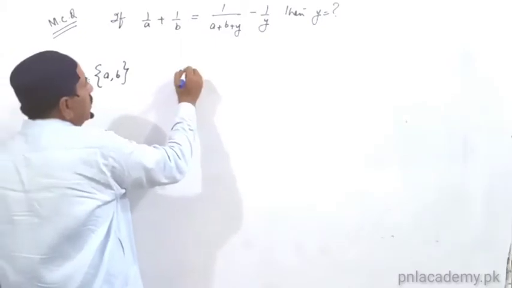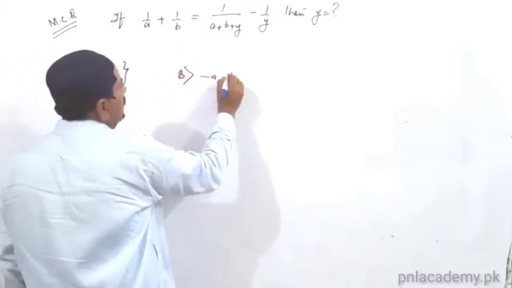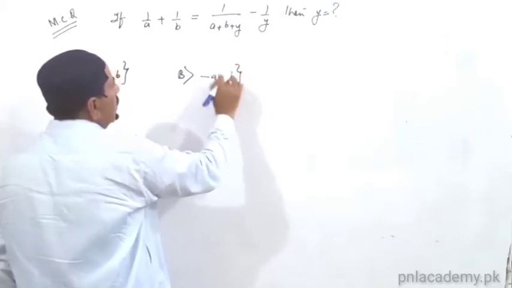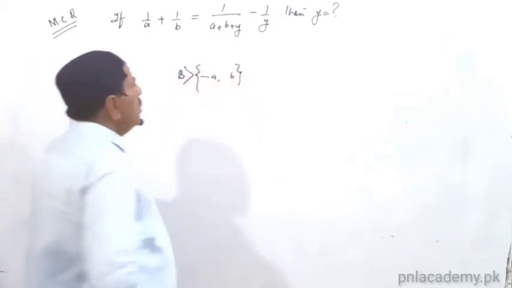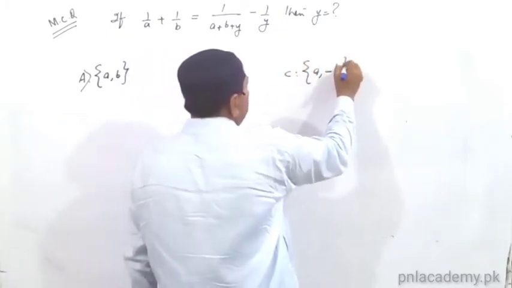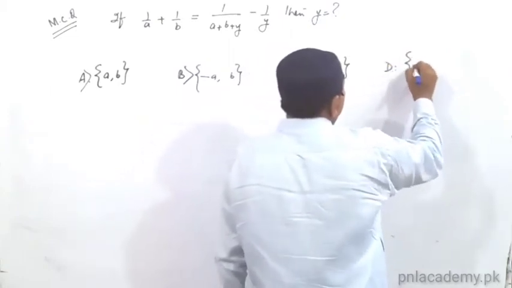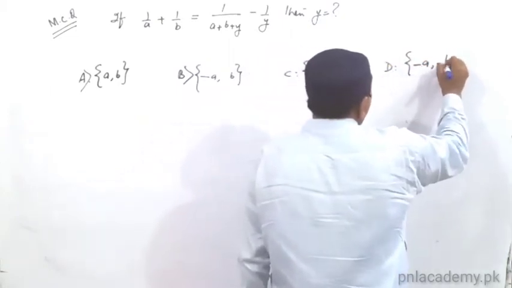B is minus a comma minus b. C is a comma minus b. D is minus a comma minus b.